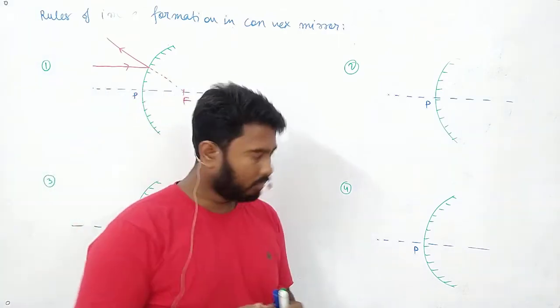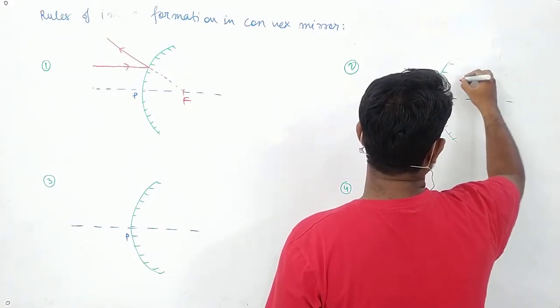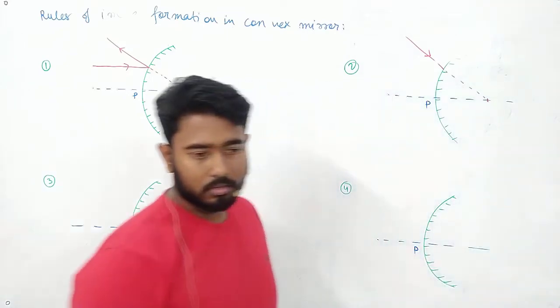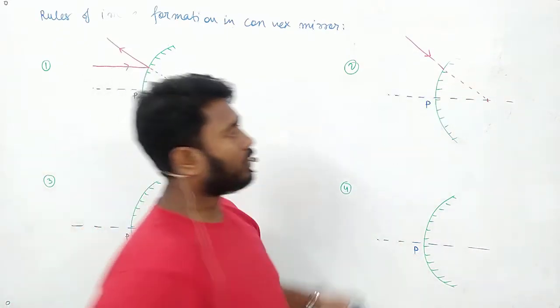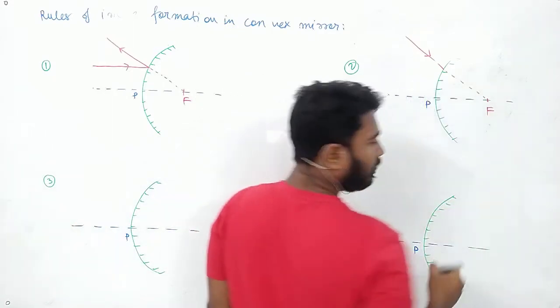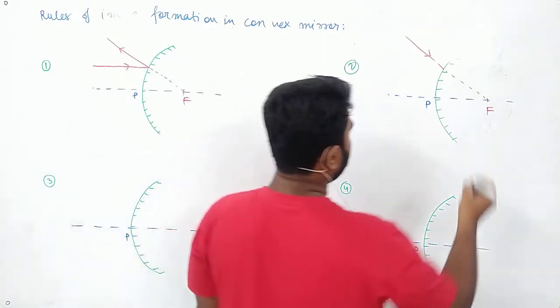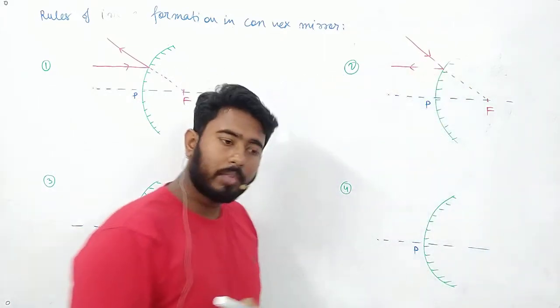Is that clear? Okay. If a ray of light comes aiming towards the focus, what will happen? After reflection, it will move out parallel to the principal axis.